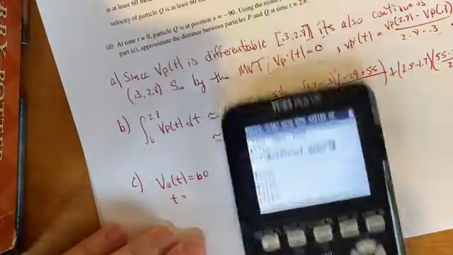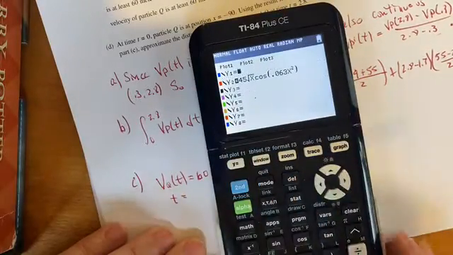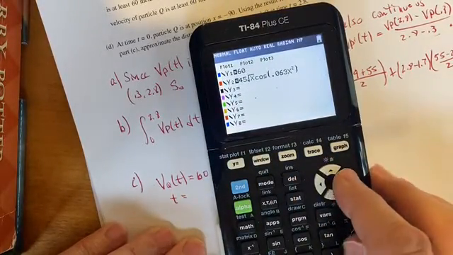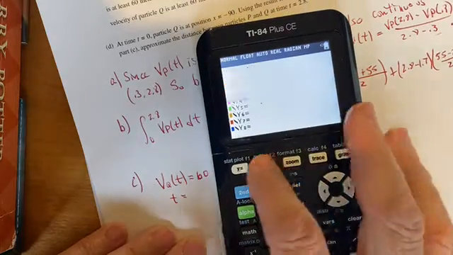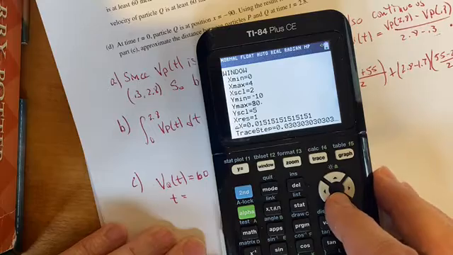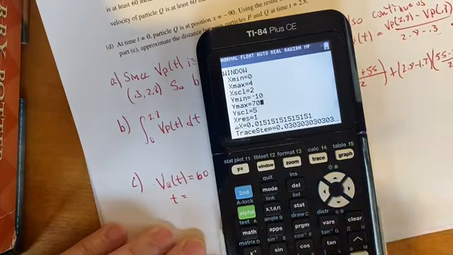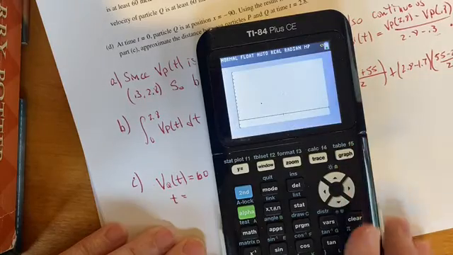It's from 0 to 4, right? So I'm going to graph 60 and change the window from 0 to 4, and change the y max to 70 maybe. Try that.